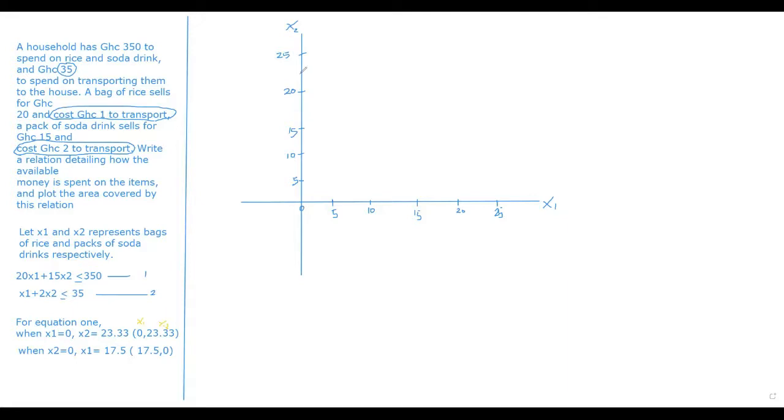This one is not drawn to scale. Then the second one: when S2 is 0, X1 is 17.5, so it will come here. Then you just join them.